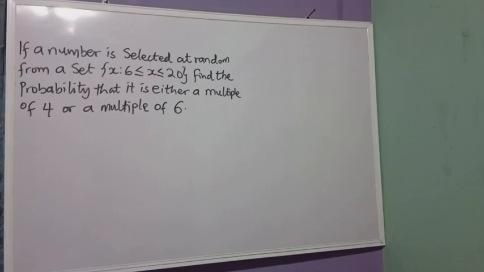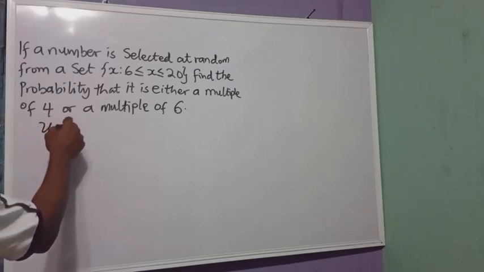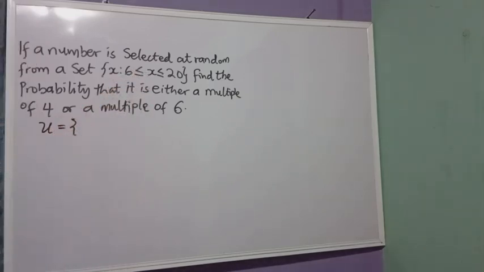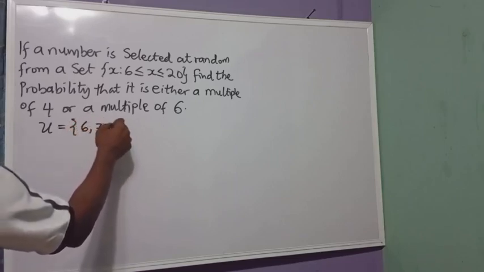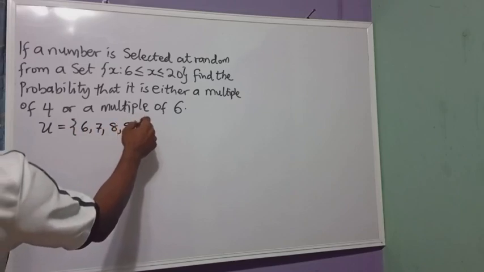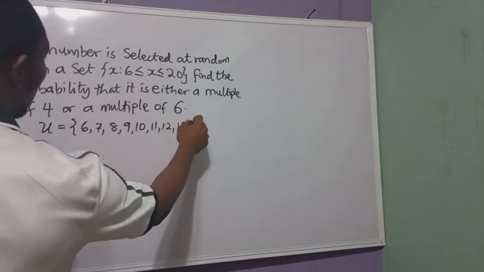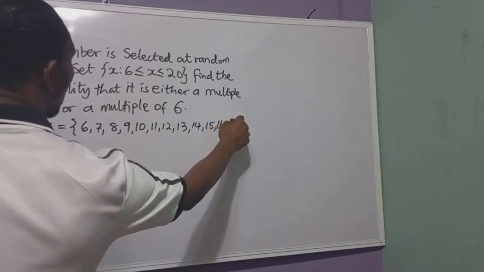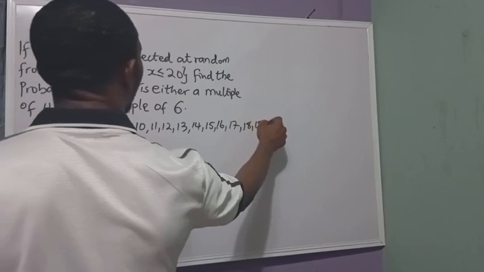Now, let's look at our universal set. Since they say 6 is inclusive, x will start from 6, 7, 8, 9, 10, 11, 12, 13, 14, 15, 16, 17, 18, 19, and 20.